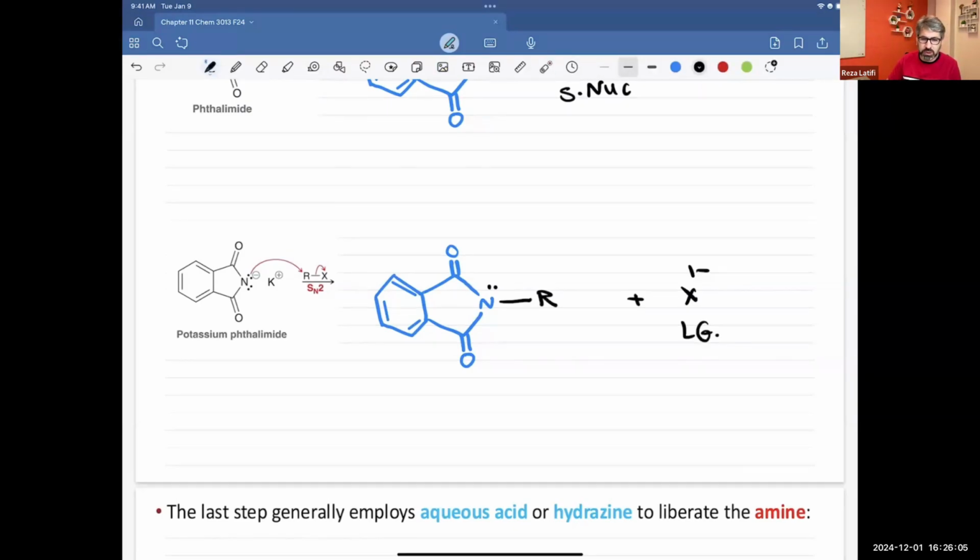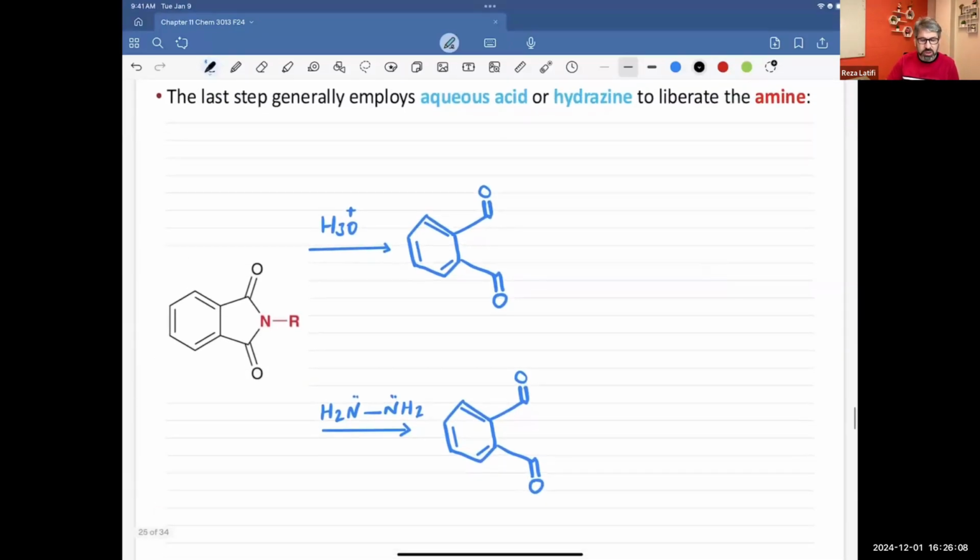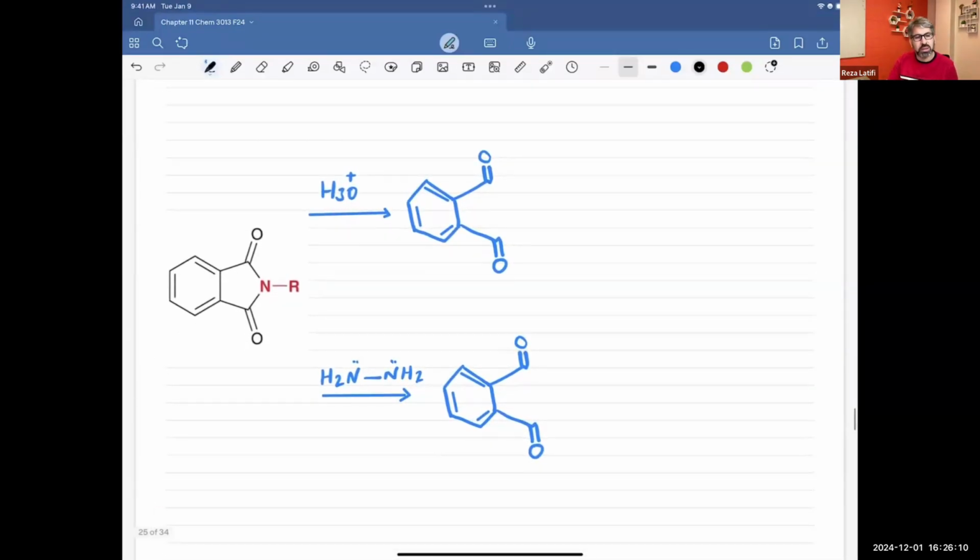The third and last step of the mechanism, we technically hydrolyze the final intermediate, and we can do it through an acidic solution. If we use an acidic solution, this group will leave the system as NR, but because it's acidic, 3 hydrogens will be attached to nitrogen.